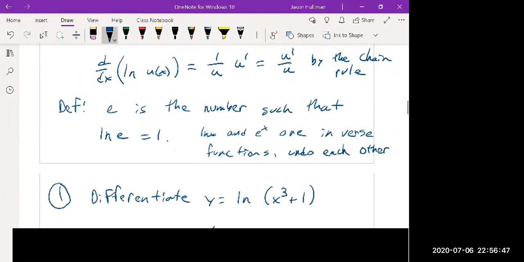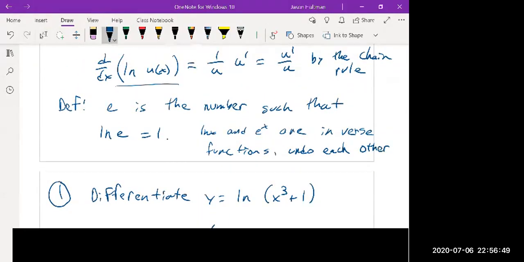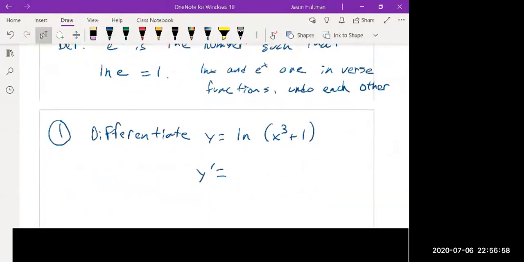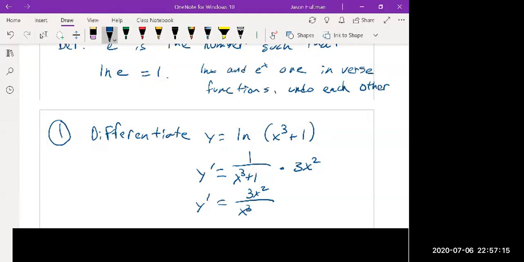So by the chain rule, it's going to be 1 over the original function times the derivative of the original function. And so this is going to be equal to 3x squared over x cubed plus 1.